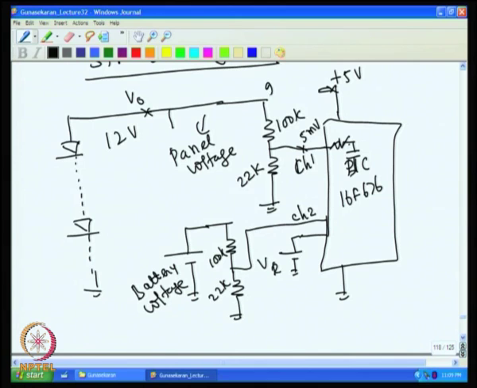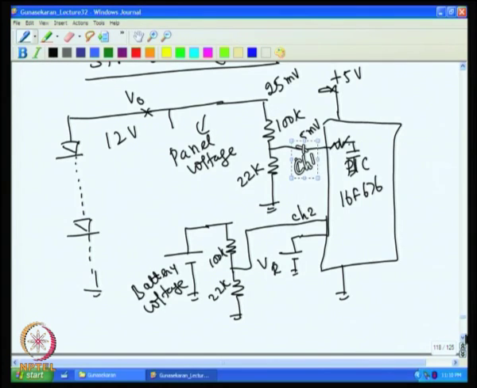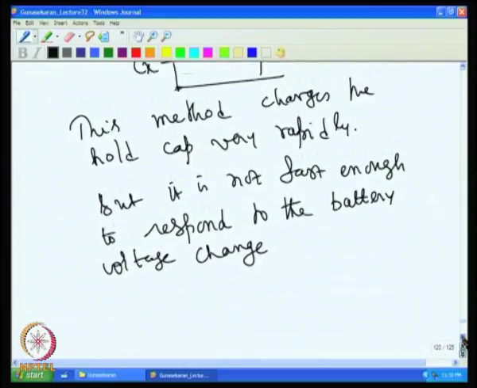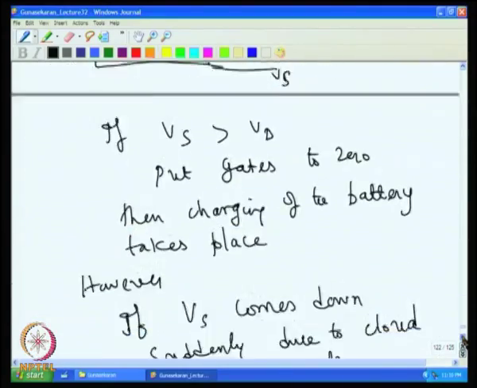So this voltage is actually about 25 millivolt. That means the ADC cannot detect a change of less than 25 millivolt. That means the minimum detectable voltage at the panel is 25 millivolt.